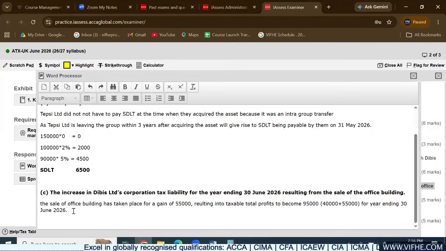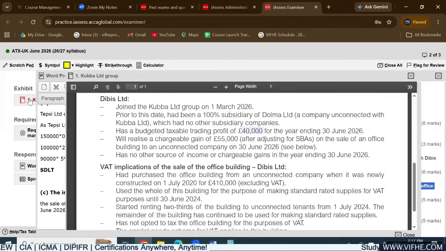But if a company had been an associated company at any point in time during the year, then it should be included as an associated company for the current period, and hence it will have an impact on profit threshold apportionment. Now, when you have a look at the question, you will find that Kuba Limited has already been 100%.